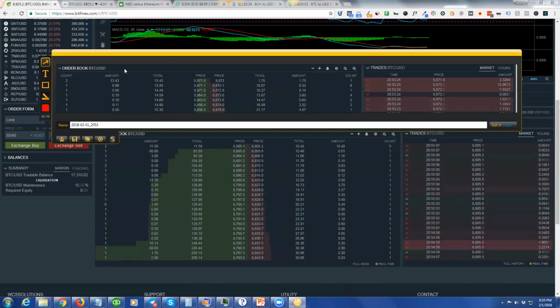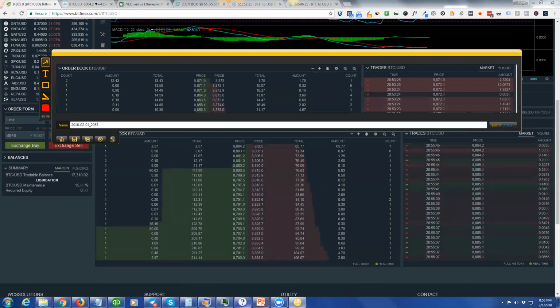So if I was to sell that whole 100, the price I would get would vary between 8871 down to 8856. Even though I said do a stop sell at 8871.9, I won't get it because there's not enough people buying all that 100 coins at that price, or even 50 coins. Even if I had 25 Bitcoin, I could only sell 13 to these guys at this price, and then I'd have to sell 0.6 at this price, 0.98 at this price. And so what I'm telling the exchange is, get what you can once it gets to that price point.